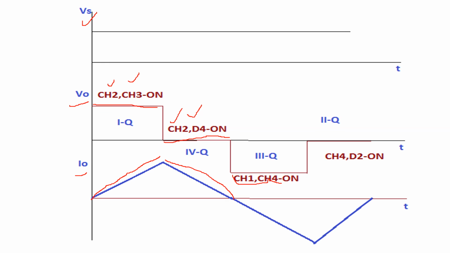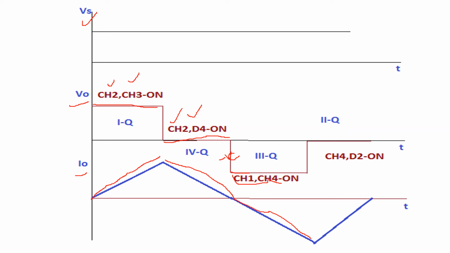Due to the conduction of CH1 and CH4 we get the output voltage which is the same as the input voltage but negative, due to the negative direction of current, and the inductor starts charging in the negative direction.